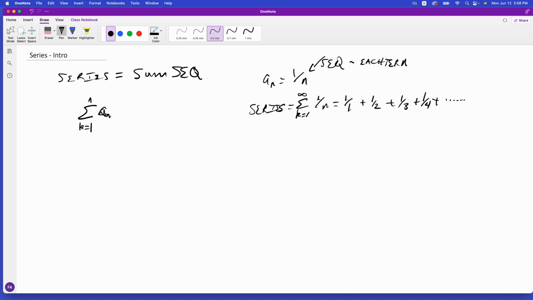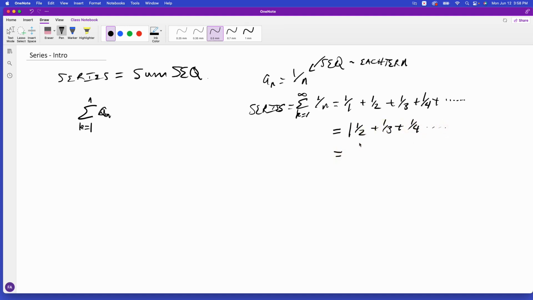Now, when we start digging in on this, we ask, can we actually find this sum? Because this is an important piece. Let's do the sum first, and I'll show you. So you have 1 plus 1/2, which is 1 and 1/2. And then plus 1/3 plus 1/4 on down the line.